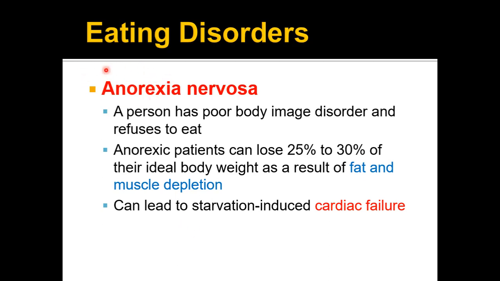So if you remember, anorexia, just anorexia by itself, means someone's not hungry, or they're not eating, they have no appetite, they don't want to consume any food. But anorexia nervosa is somebody that's refusing to eat on purpose, even though they may actually be hungry.